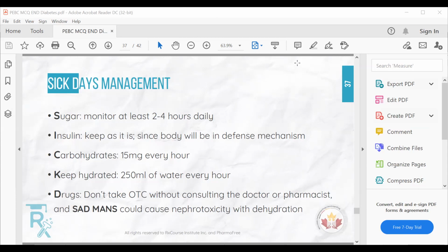Amr is asking how to detect or diagnose DKA. First of all, it's not our business as pharmacists to diagnose.